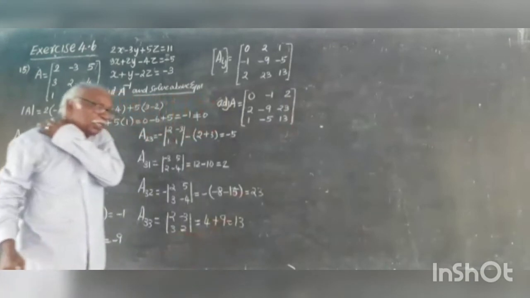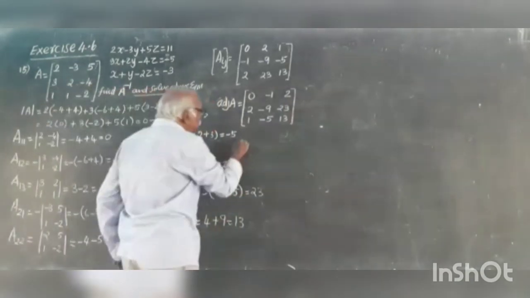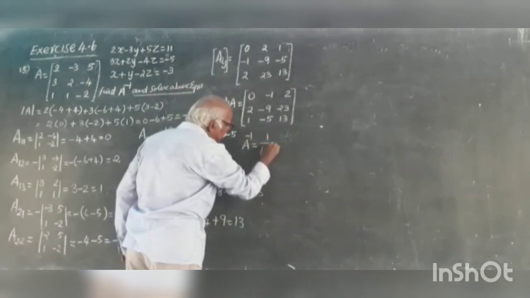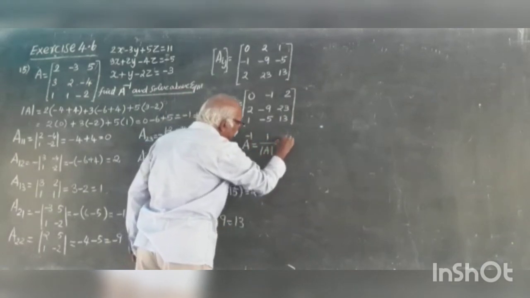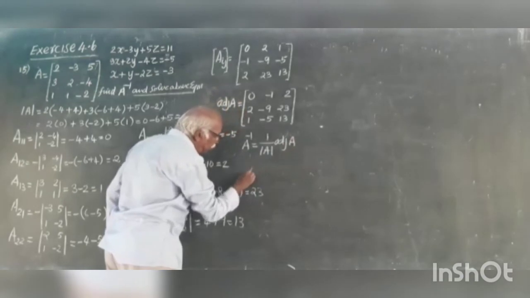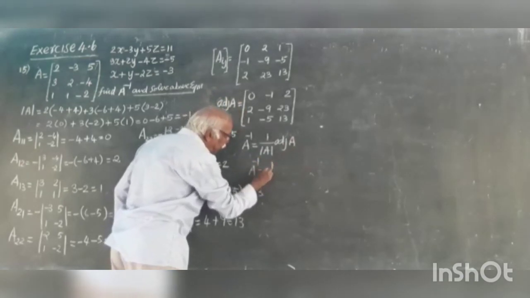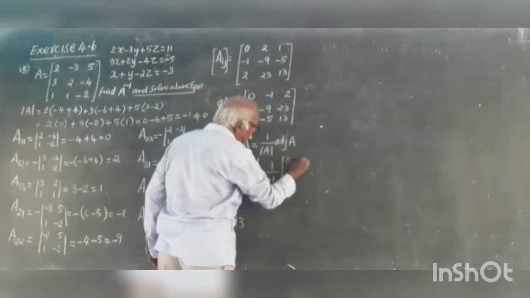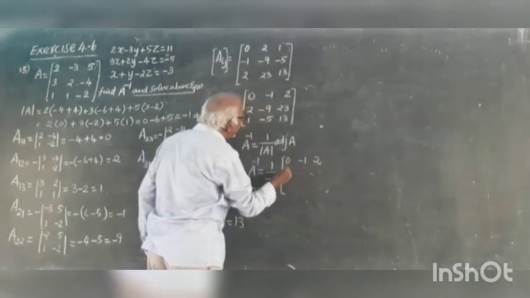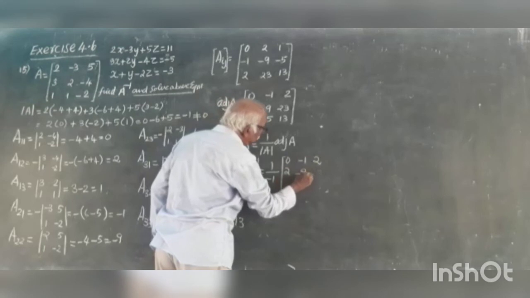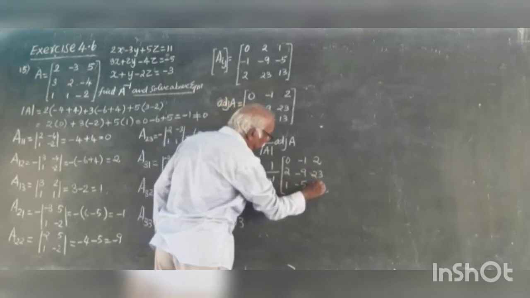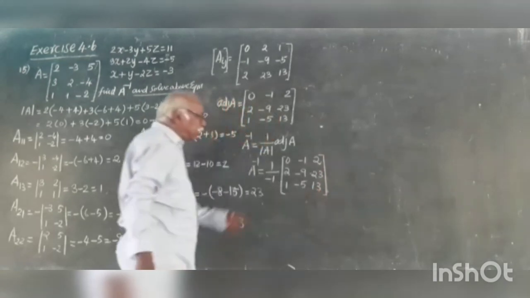Then A inverse is equal to 1 by determinant A into adjoint of A. Therefore, A inverse is equal to 1 by minus 1 into 0 minus 1 2, 2 minus 9 23, 1 minus 5 30. That's how we have found A inverse.